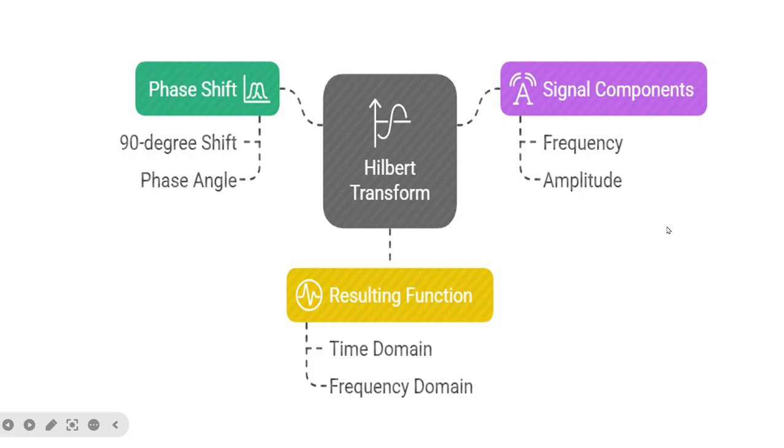So here we have seen that the Fourier transform always uses the frequency domain, and the Hilbert transform always uses the time domain. And here the phase shift will be a 90-degree phase shift, that is plus or minus 90-degree phase shift. So this was about the Hilbert transform.